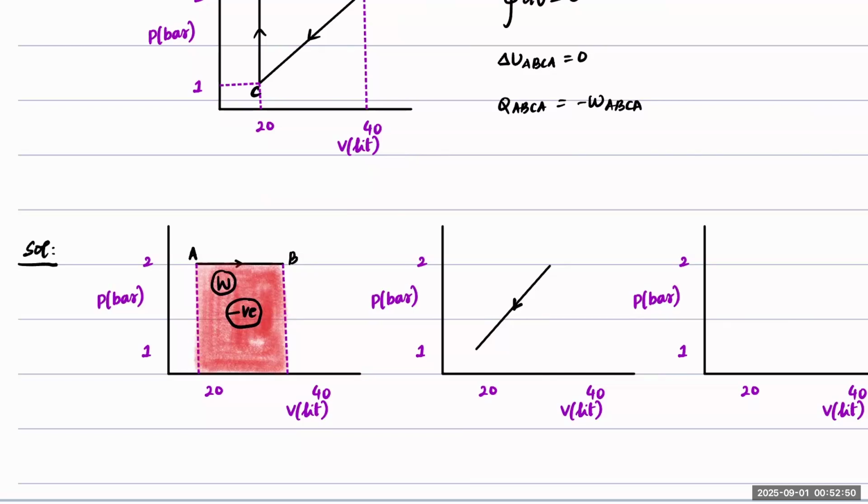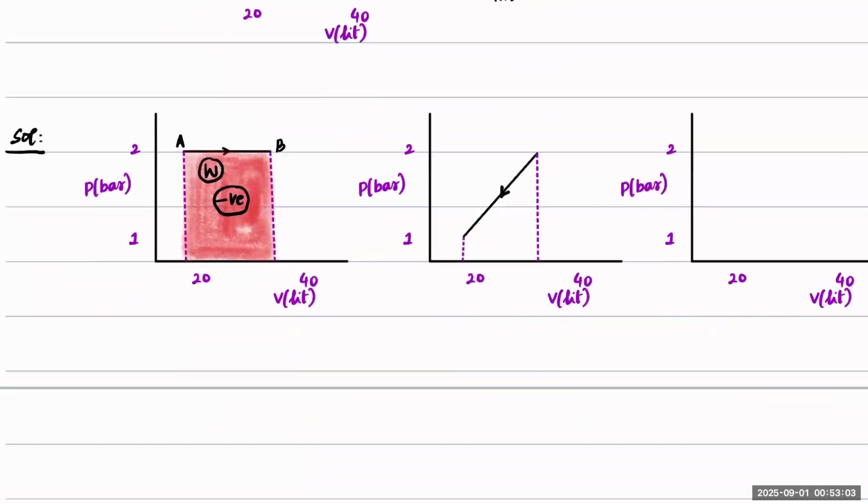And in that case, work done will be the area under this curve. So if you notice the area under this curve here, this is the area under the curve now. This time if you compare the work done, this work done is actually positive.